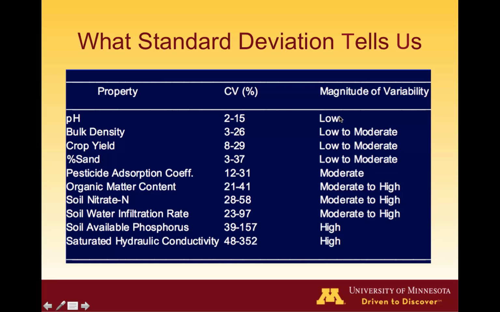If you have a low magnitude of variability, that usually means that you don't need to collect that many soil samples. But if you have very high magnitude of variability, that means your field varies a lot on that specific soil property, such as soil phosphorus. In that way, you want to collect more samples to precisely estimate the variation of the field, so as to guide you for further applications, such as phosphorus fertilizing.